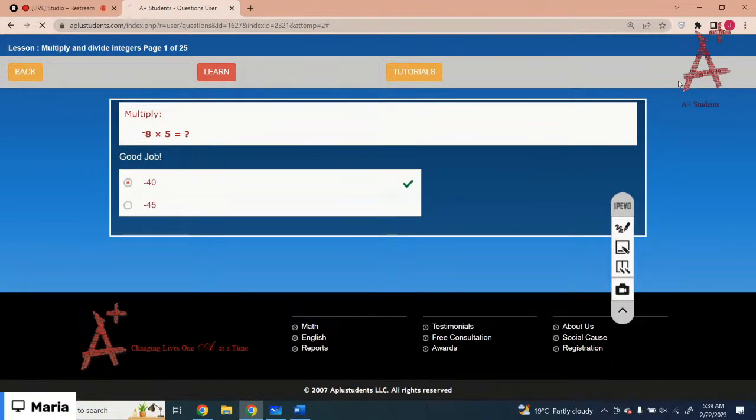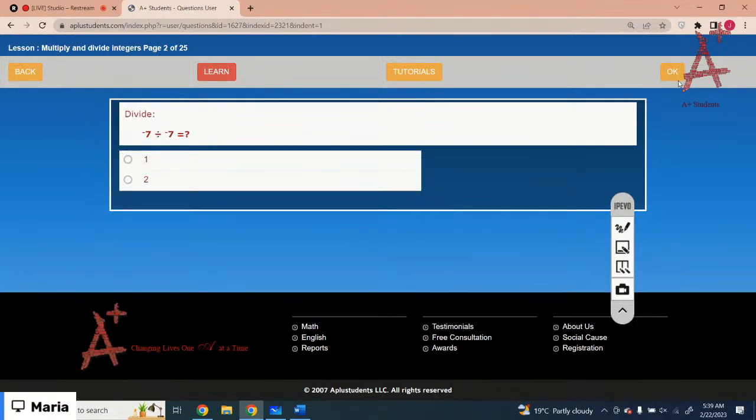Okay, the next one is negative 7 divided by negative 7. So both the numbers have the same sign, both are negative.